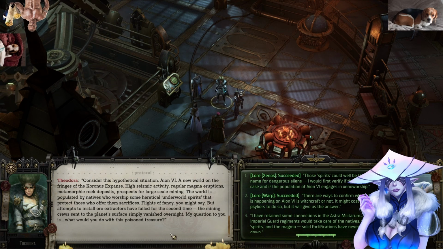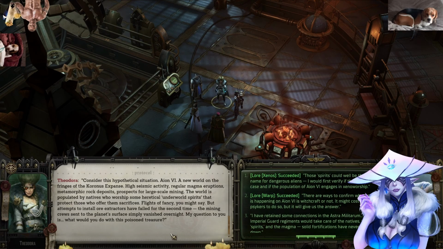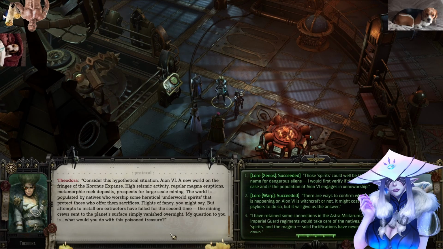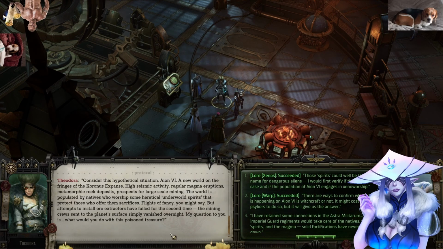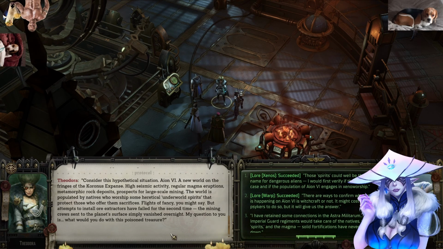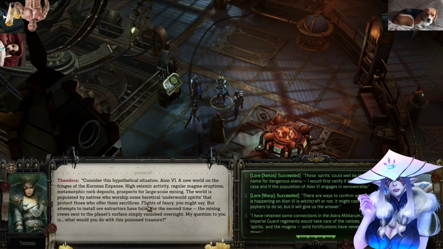Flights of fancy, you might say, but attempts to install ore extractors have failed for the second time. The mining crews sent to the planet's surface simply vanished overnight. My question to you is, what would you do with this poisoned treasure?